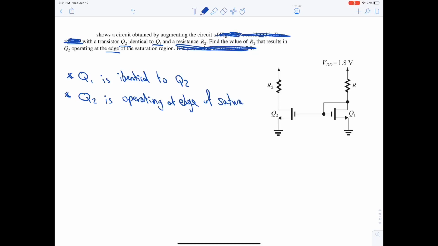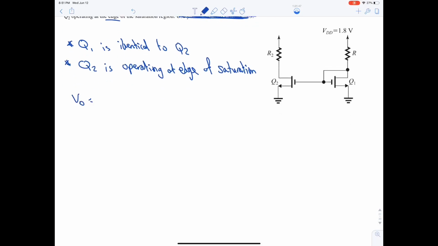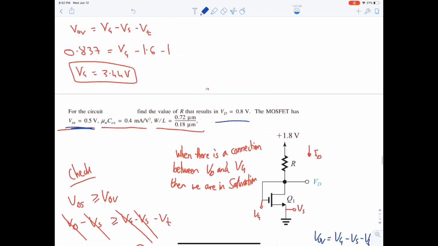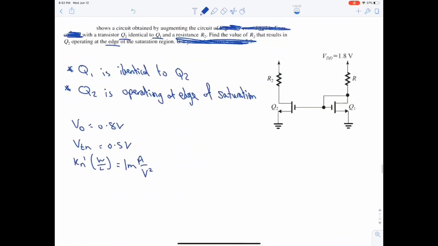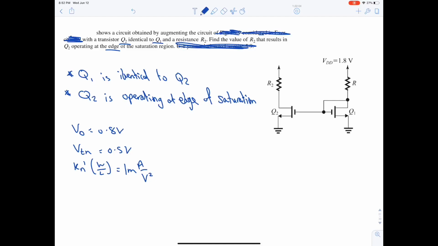Okay? And the numbers are Vd equal to 0.8 volt, Vtn 0.5 volt, Kn prime W over L 1 milliampere over V squared. We're just taking the numbers from the previous question here. But regardless, just focus on this question. It's independent of the previous question.